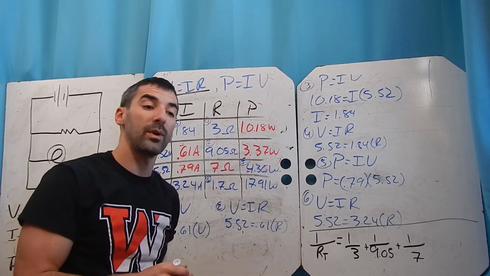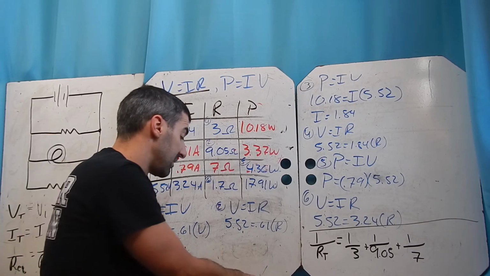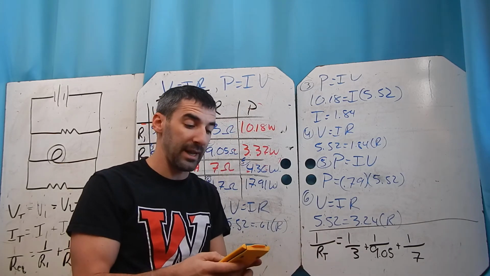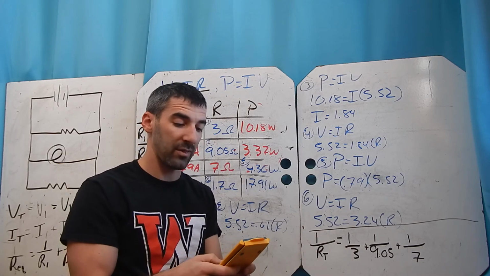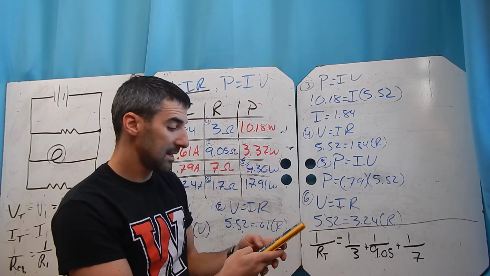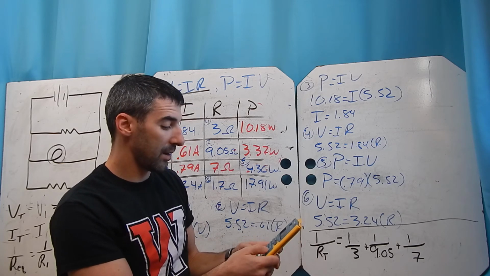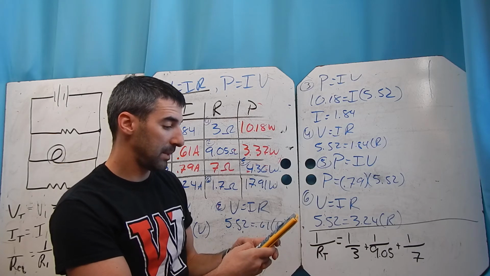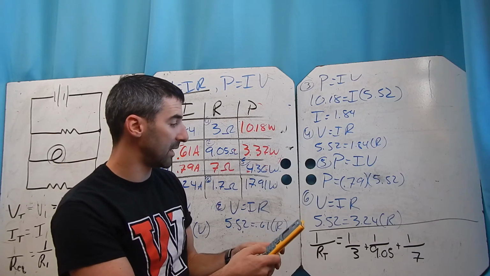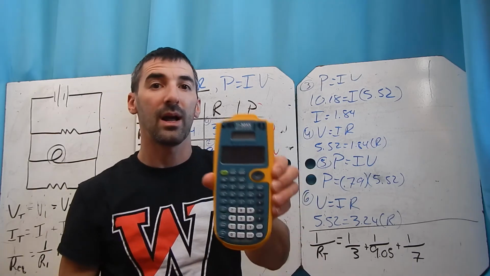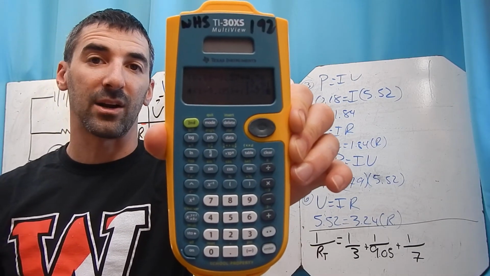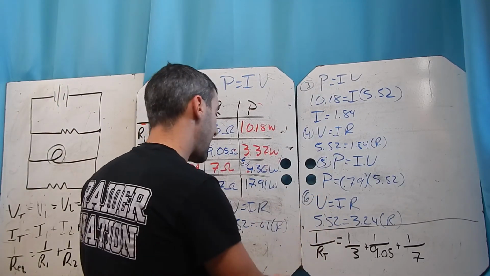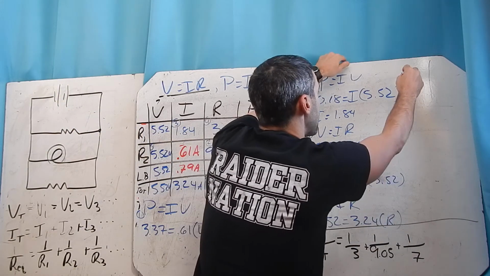Now, normally you would need common denominators, but we've learned in physics that I can do all this in my calculator as long as I have parentheses. So I'm going to put in parentheses 1 over 3, close my parentheses, plus 1 over 9.05, plus parentheses 1 divided by 7. So everything, I hope you can see that, everything you see is in parentheses.